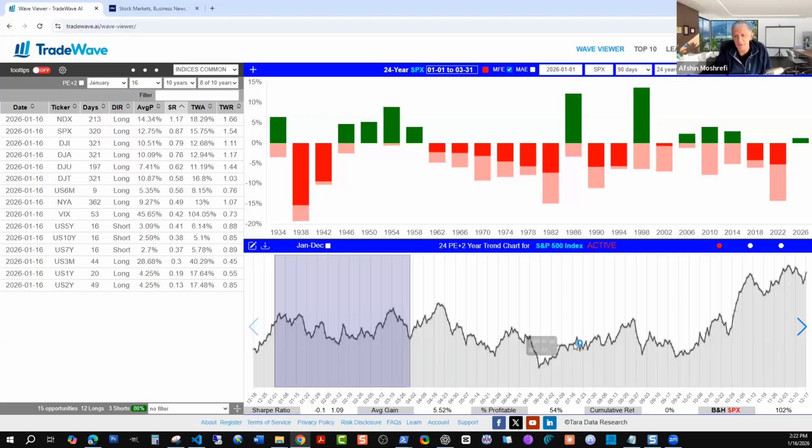But everything changes right here. Right there. I believe it's the 27th. I'm just going to show you. This is what I call the beginning of the 100-year pattern.